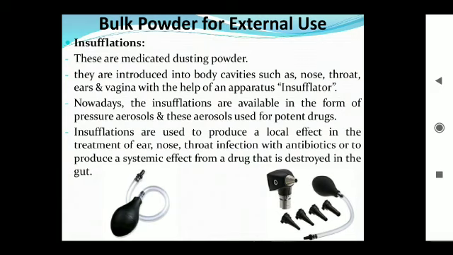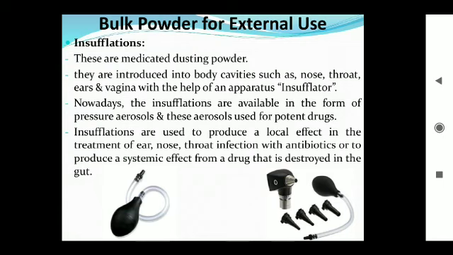Next, insufflations. These are medicated dusting powders. These are introduced into body cavities like the nose, throat, ears, and vagina with the help of an apparatus called an insufflator. These insufflations are available in the form of pressure aerosols.